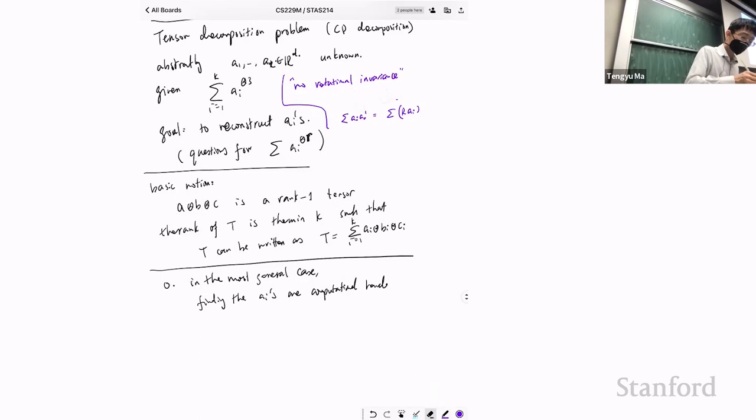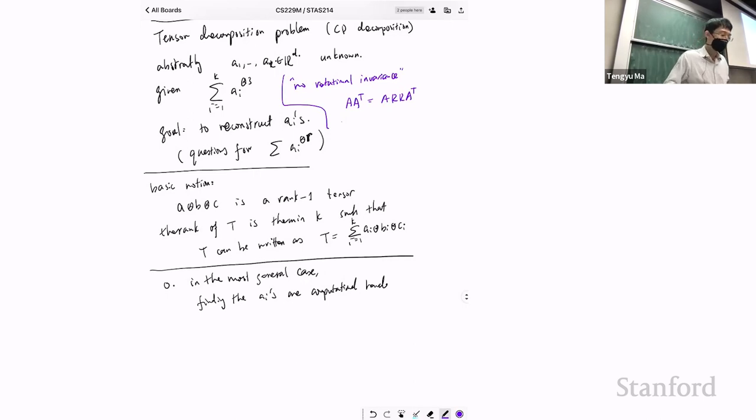Technically I should rotate on the right. Maybe let me not make it precise, but one thing to realize is that for matrices you have A times A transpose, which is a sum of a_i a_i transpose if you put all the a_i as columns of capital A. Then this equals A R times A R transpose if R is a rotation matrix. And you just cannot do this for tensors.